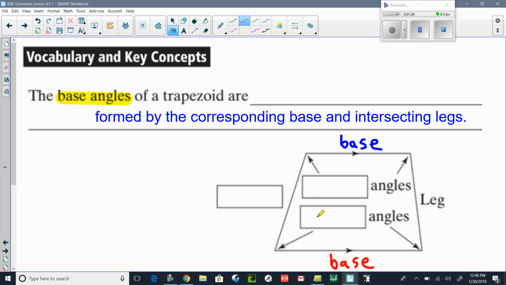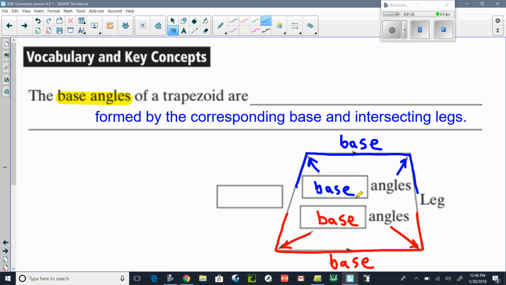When we start talking about base angles, they are formed, as the definition says, by a corresponding base and the intersecting leg. So those two angles here and here would be considered one set of base angles. And if we go to the other base up here and we look at the intersection with the leg here and here, we form these other two angles, also referred to as base angles.